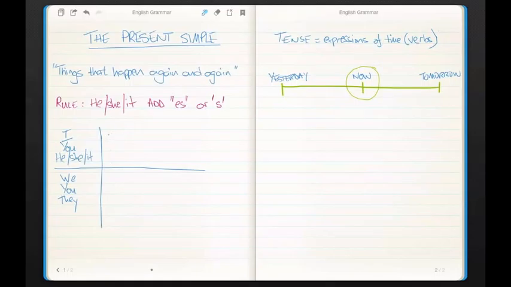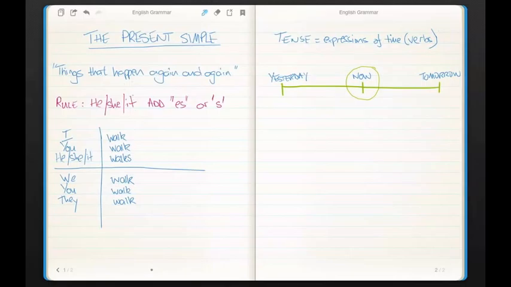If I say, for example, I walk to school, you walk to school. Well, when we come to he, she, or it, we're going to say he, she, or it walks to school. We walk to school. You walk to school. And they walk to school.